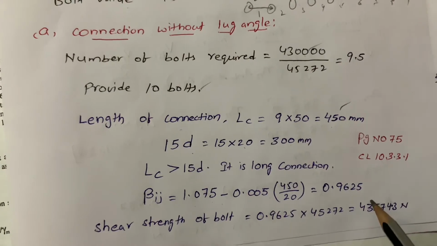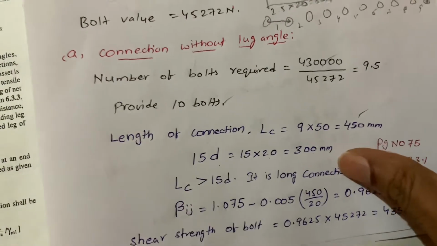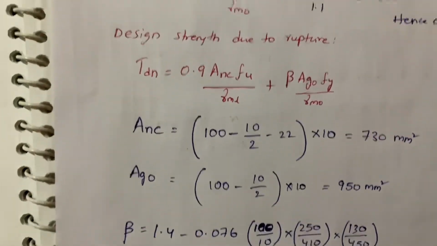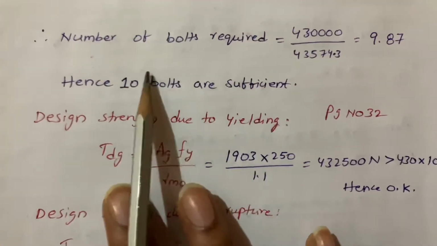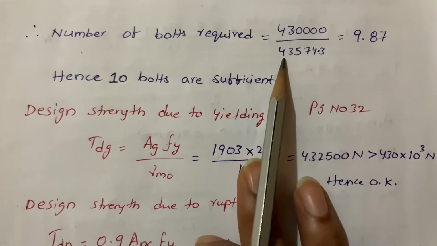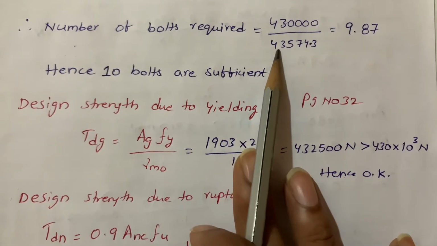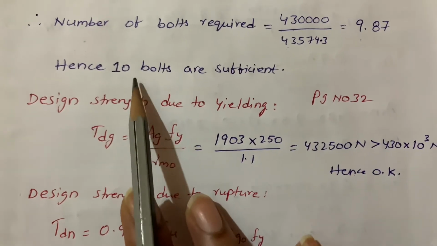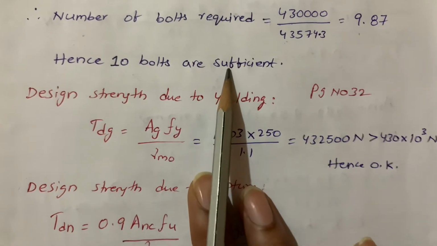I got the strength of the bolt. After calculating this bolt strength, we need to calculate the number of bolts required again. So 430000 by the strength of the bolt value, I got 9.87. So the provided 10 bolts are sufficient.